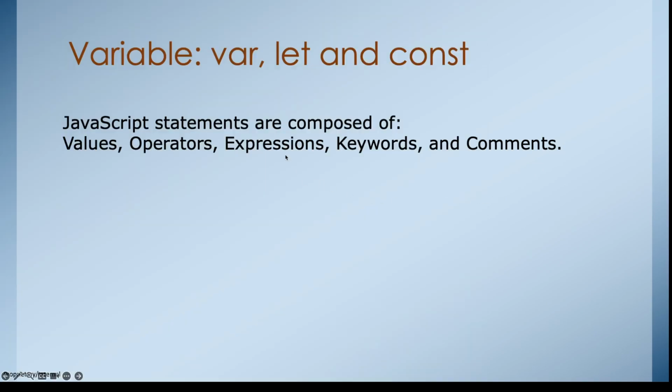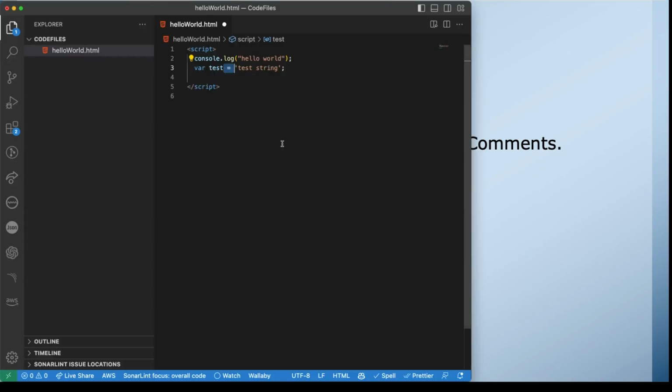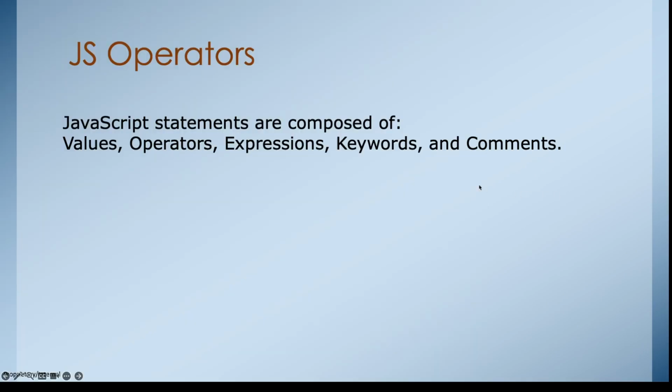Now, the third point is expressions. What are expressions? It's again similar to mathematics. When you give any instruction, maybe add 4 or 5 and store it to any variable, in algebra, it's something like that. So when you give any instruction to the computer what to do, that is one expression.